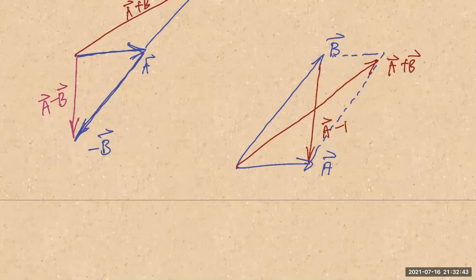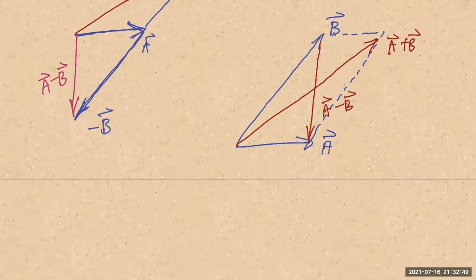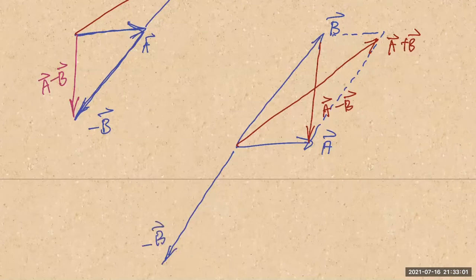Can you see that? Well, A minus B is A plus negative B. So let me first draw a negative B here. You can see why that's the case. Here is negative B, opposite to B. And then you add A and negative B up by drawing another parallelogram. Aren't you getting this as A plus negative B?